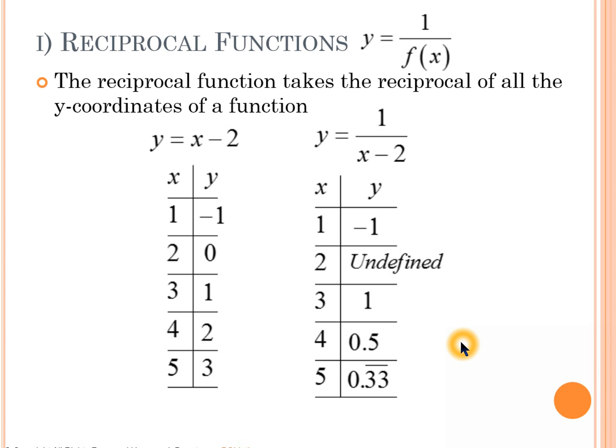And once again, if you didn't want to take the reciprocal of these y values, you could have just taken the 5 over here, plugged it back into your original equation, so you would have 1 divided by 5 minus 2, which is the same thing as 1 divided by 3.